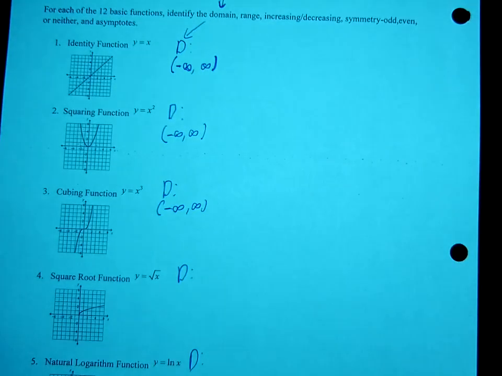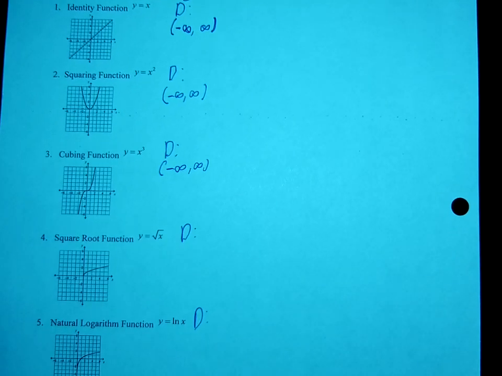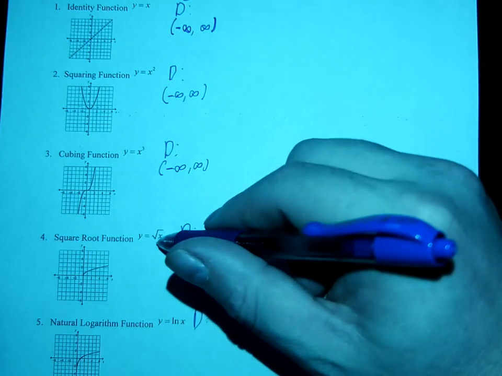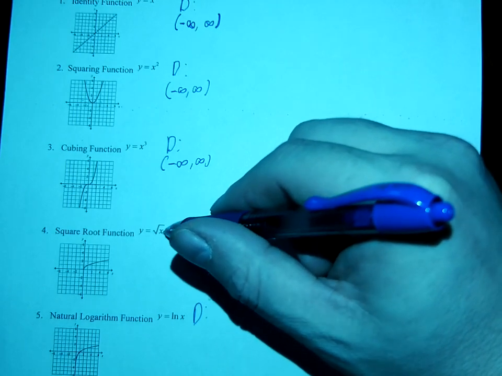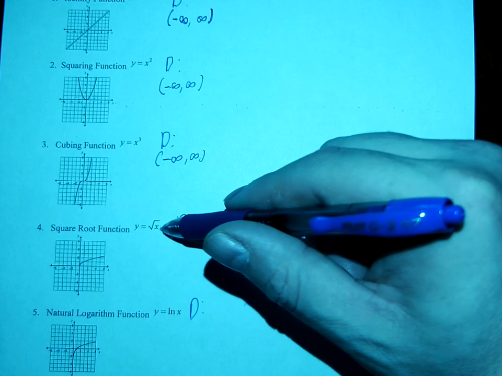Question 4 is the first example where our domain is not infinite, where there are values of x that we can't use, that cannot be substituted in. So I'm looking at question 4 here. What values of x cannot be substituted into this equation? The answer is negative values. I know when we substitute negative values in, they will yield complex numbers.